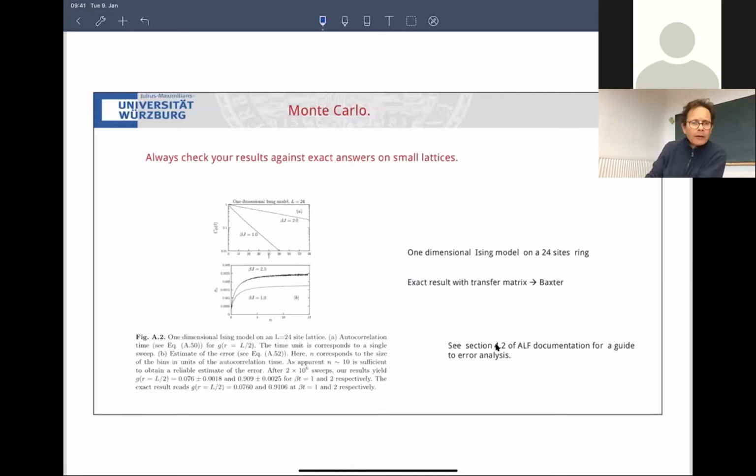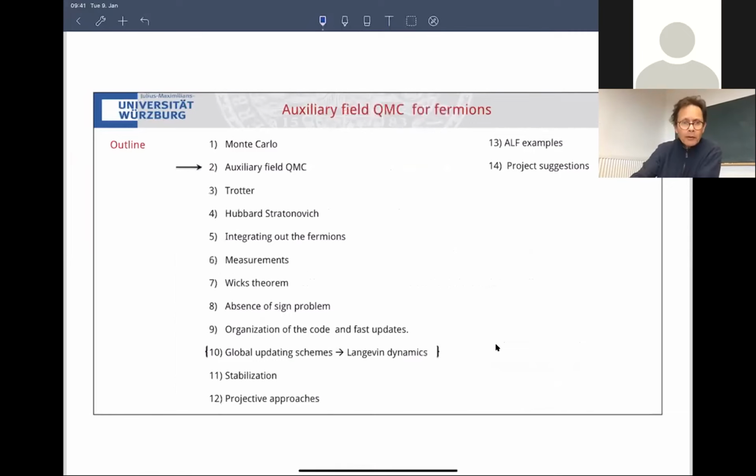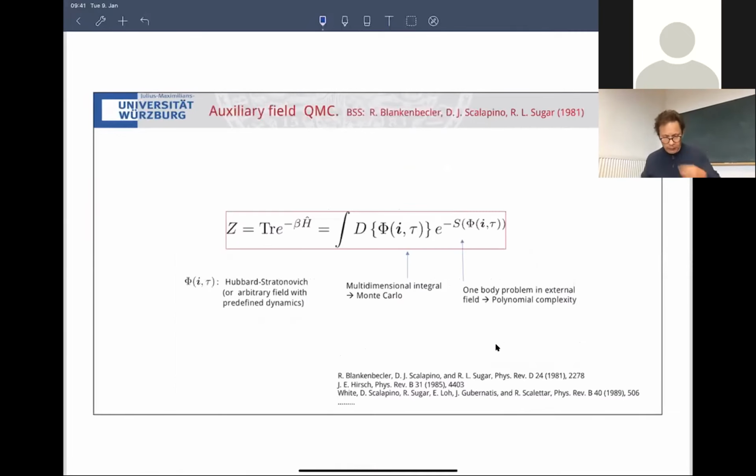Now let me go on to the auxiliary field Monte Carlo. What we do in auxiliary field is equilibrium thermodynamics, and the most important quantity is the partition function. The many-body Hamiltonian is complicated, so we make it simpler by introducing a field phi, which is space and time dependent, and for each of these fields we can define an action S, which depends on the field.